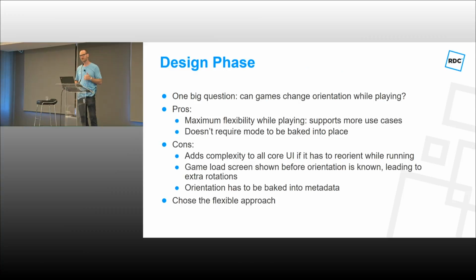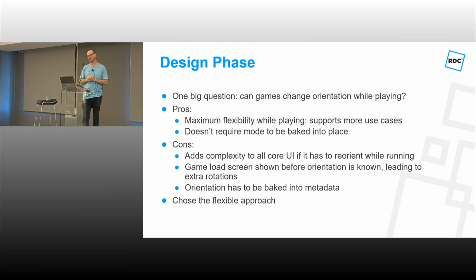So in this design phase, there was one really big question that we had to think about. And this is something that happens a lot when Roblox wants to build something. We sit back and we think, okay, what is the right way to do this? We want to make sure we get it as right as possible. And the big question we had, can games change their orientation while playing?